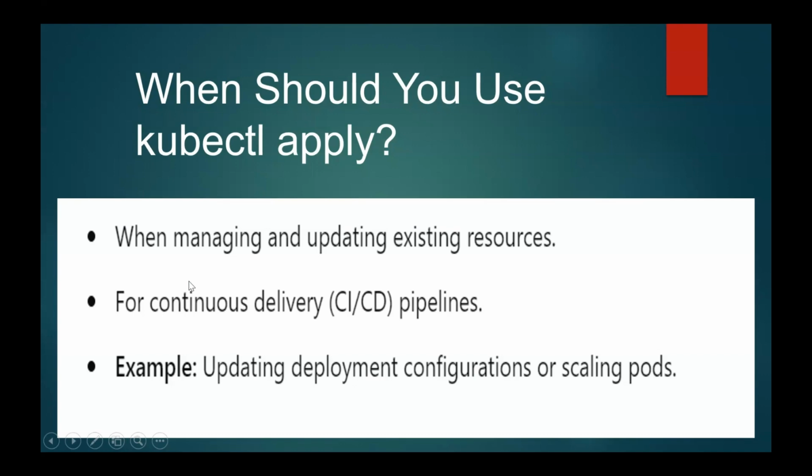Now let's see, when should you use kubectl apply? When you are managing and updating existing resources, you can use kubectl apply, because the kubectl create command is going to fail when you update existing resources. If you are using Kubernetes in CI/CD pipelines, you can use the kubectl apply command so that you can run your pipeline multiple times and configure your resources inside the cluster.